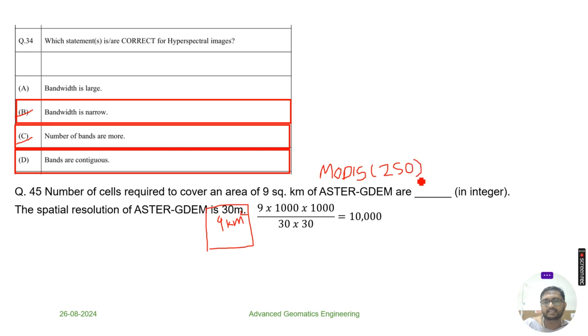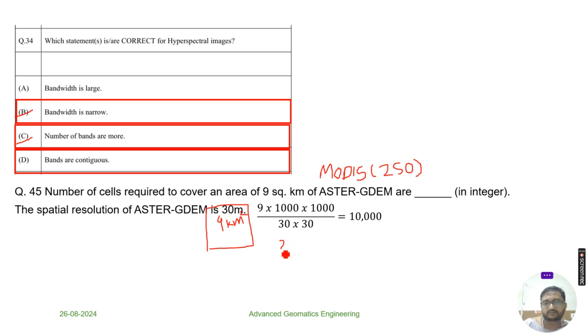Now find out how many pixels are required for this. So, 144.